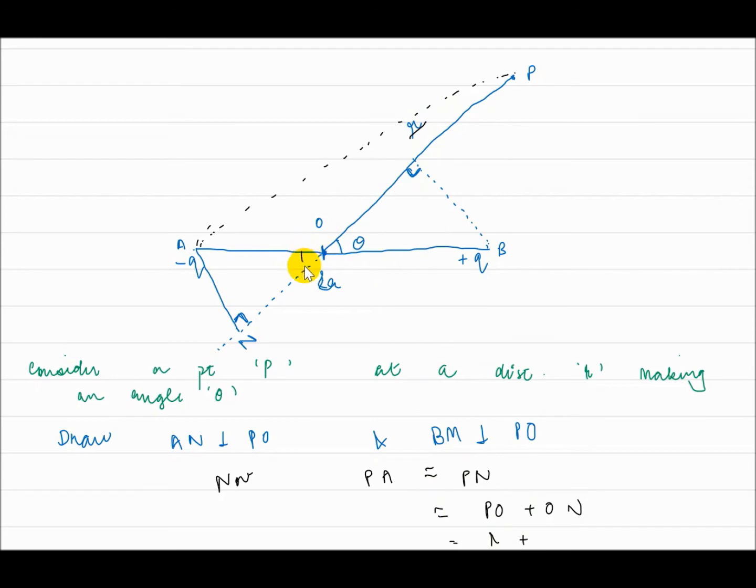ON is this. If this is the angle theta, then this is also angle theta. So we can write ON as a cos theta, because ON upon a is equal to cos theta. That is this distance.